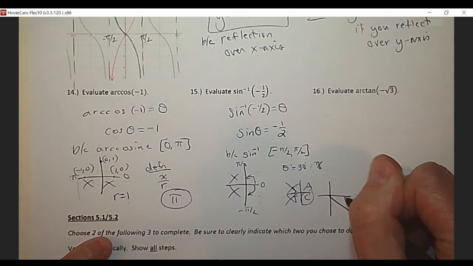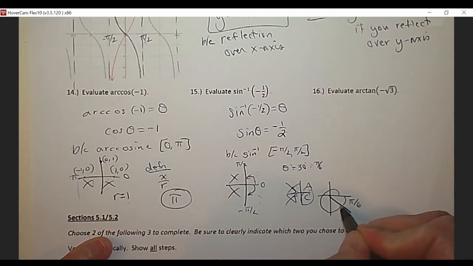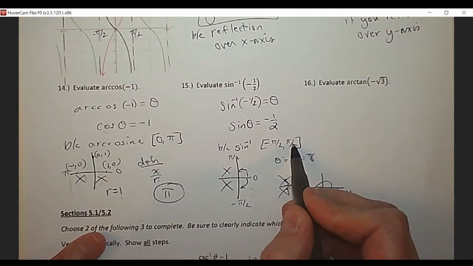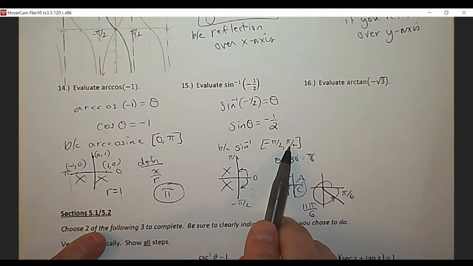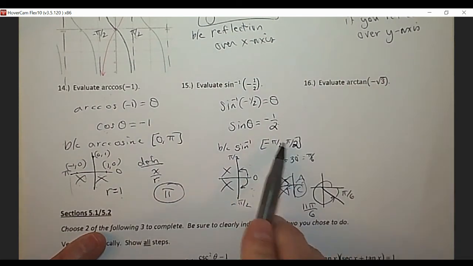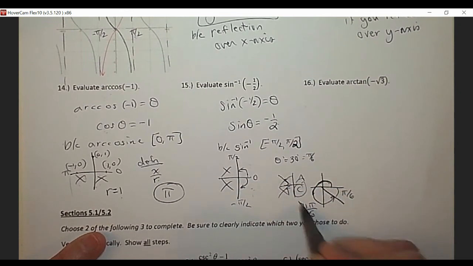Looking at the angle that has a pi over 6 reference angle, which we normally call 11 pi over 6. But this is that kind of problem where because of the angle restrictions, the absolute largest angle you're allowed to use here is pi over 2. You cannot use an angle bigger than pi over 2. And when you draw this, you go past pi over 2. It's too big.